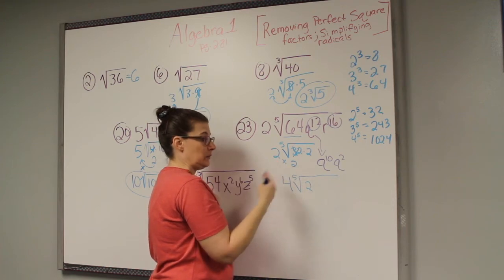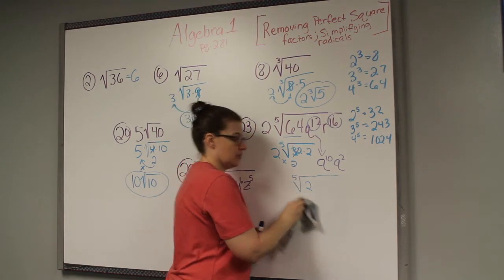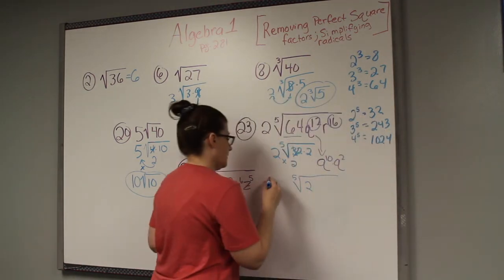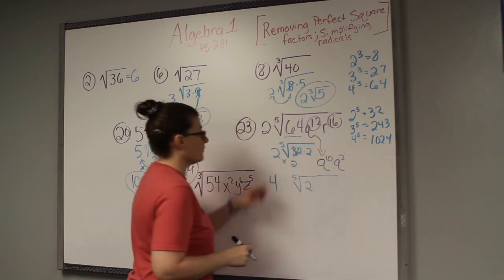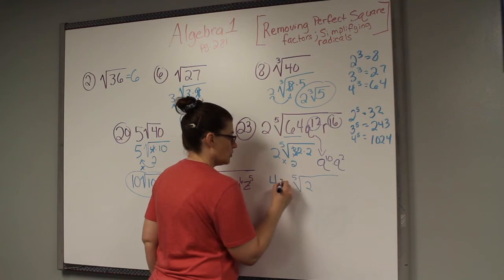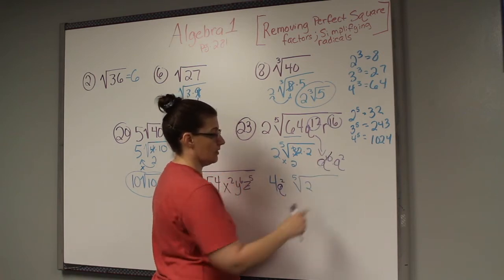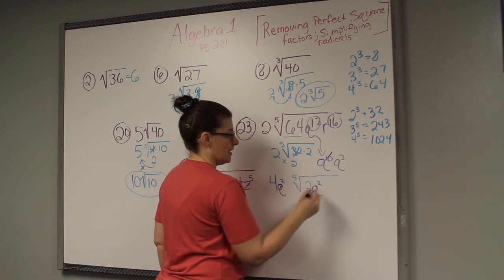Okay, so let me scoot this 4 over because I need the space when I pull my letters out. So if 5 goes into 10 2 times, that means Q squared comes out and that one's gone. But this Q squared that 5 won't go into has to come inside.